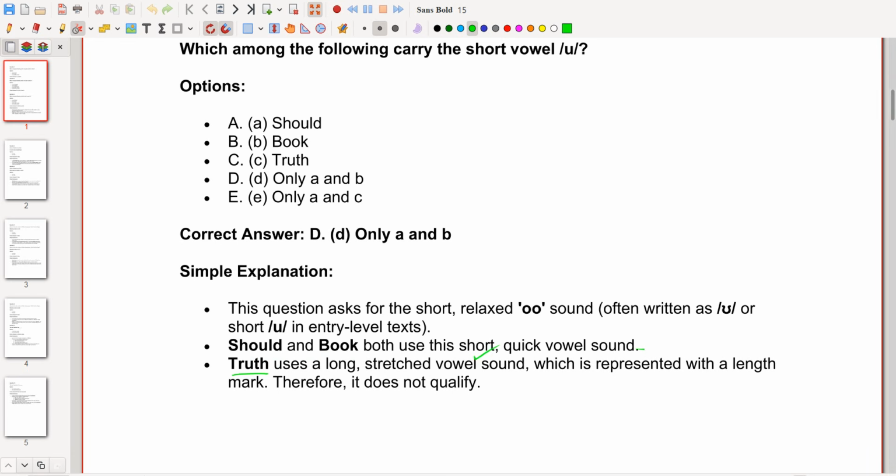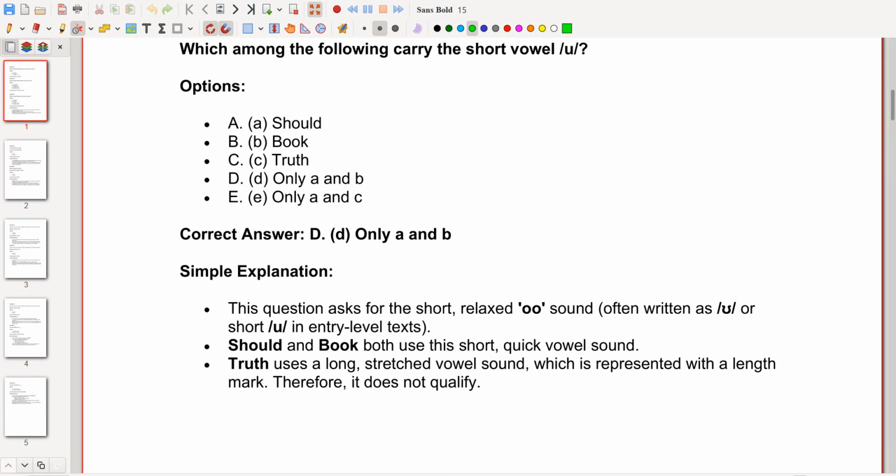But truth is prolonging the oo sound, so it will not come under the short vowel category. Only should and book are giving the short vowel oo sound. So my answer is option D, only A and B.